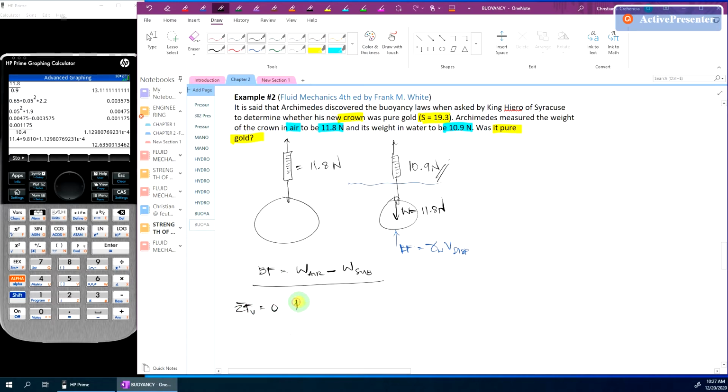Taking upward as positive, we have the buoyant force, plus the tension, which is our reading going up, 10.9 Newton, the weight submerged, then minus the weight in air. That's how we got this.